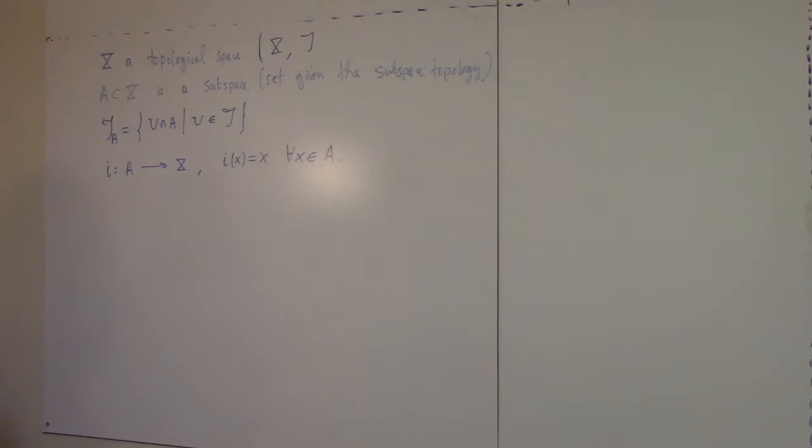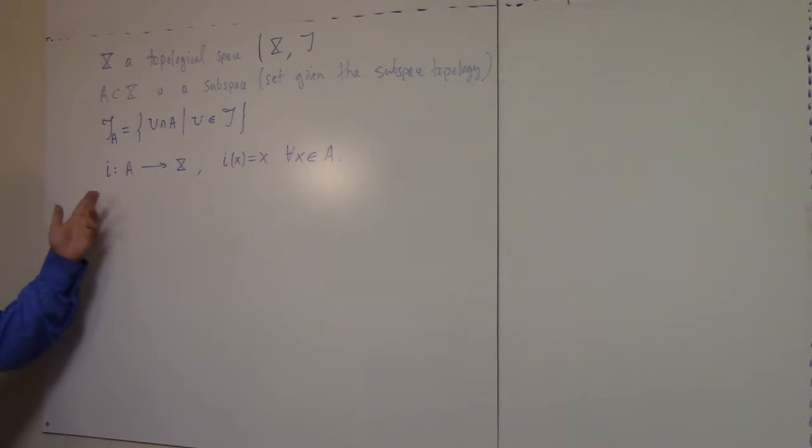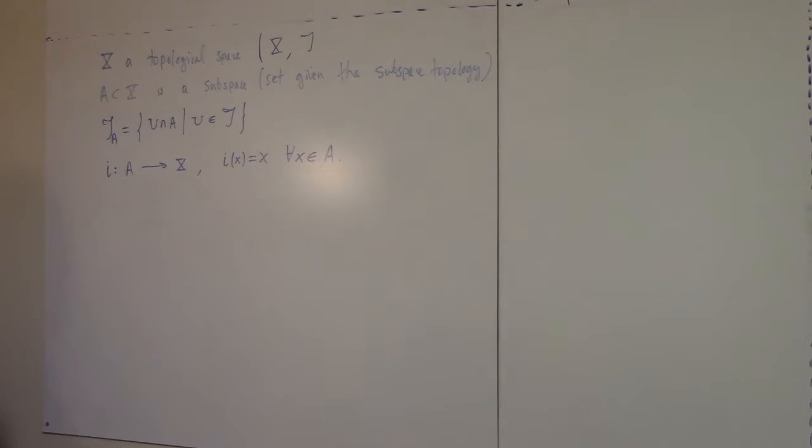Before, I put the cart before the horse, and then we went back and found all our cluster points and boundaries last time. But the time before last, we talked about the continuity of this. And we said that the subspace topology is the coarsest topology you can give to the subspace which keeps this inclusion map continuous.